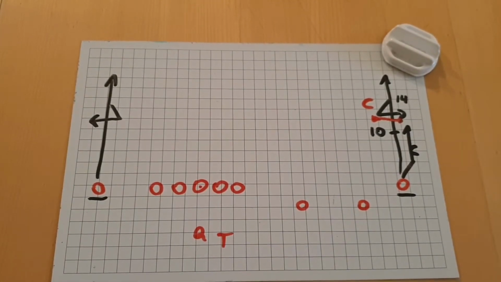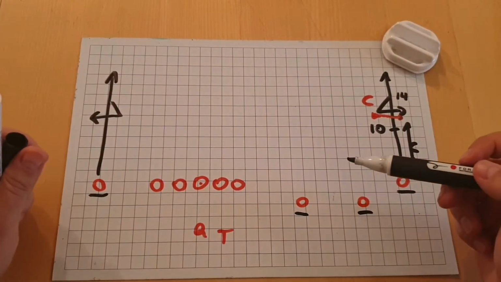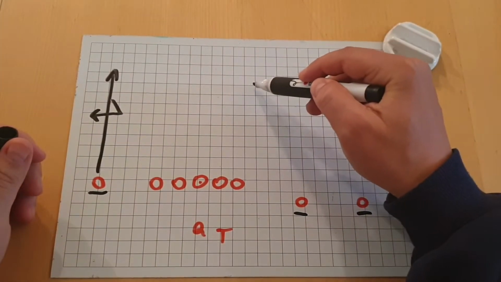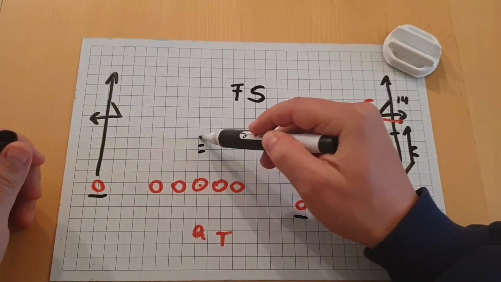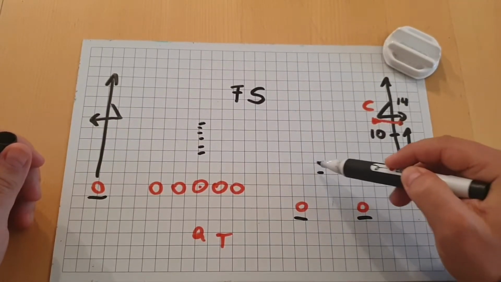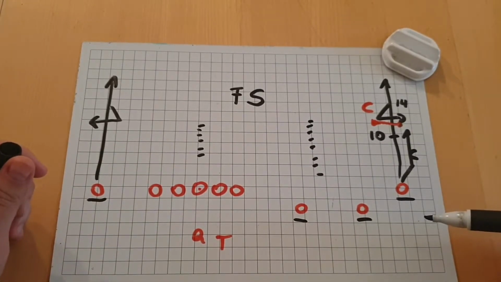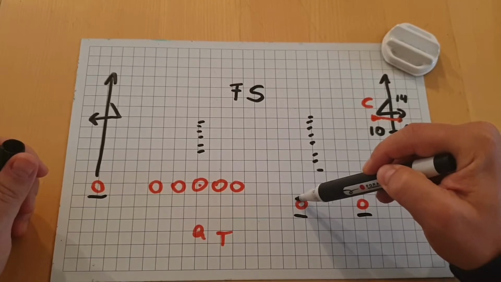On the inside, we must check out how the defense is aligning. If we are playing against a 1 high defense, here are the hashes. If we are playing against a 1 high defense, we want to divide this guy as good as possible.